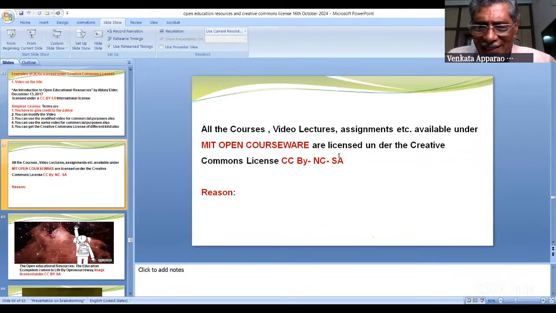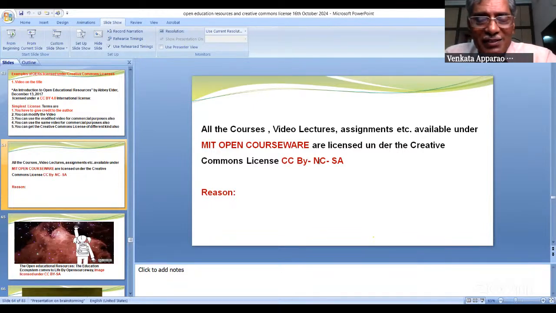That means MIT OpenCourseWare OERs, the video lectures, courses, assignments, etc., can be used only for non-commercial purposes. That is the meaning. When you modify, you have to get the license again under the original license only: SA, share alike. CC BY NC, share alike.